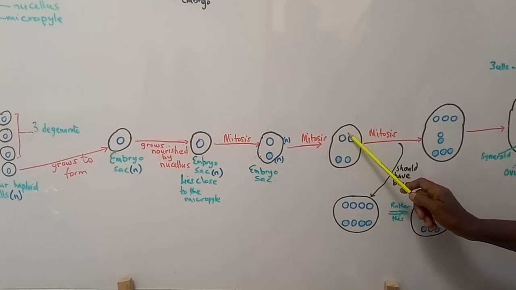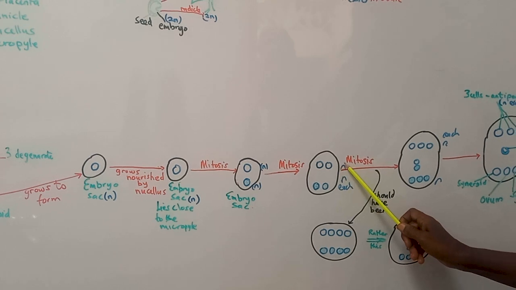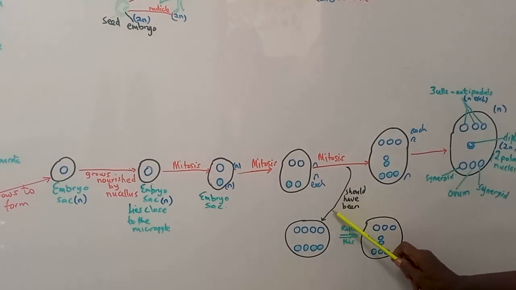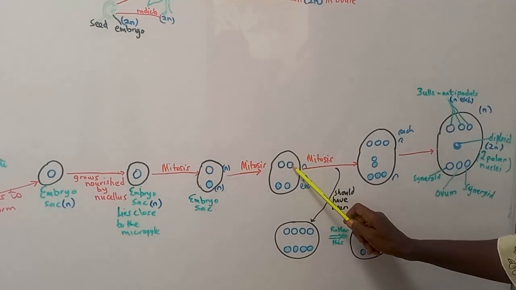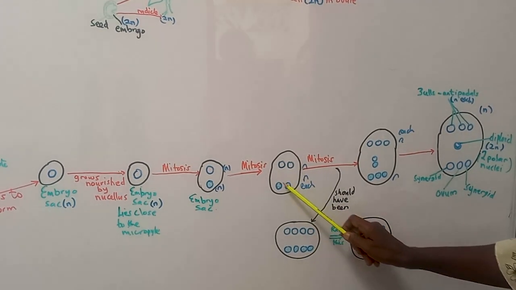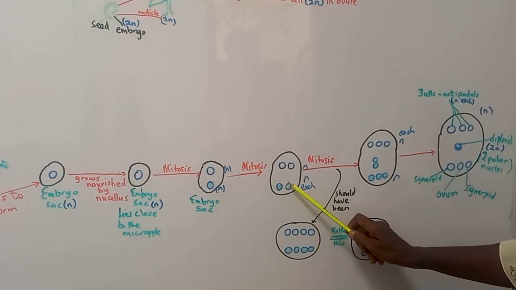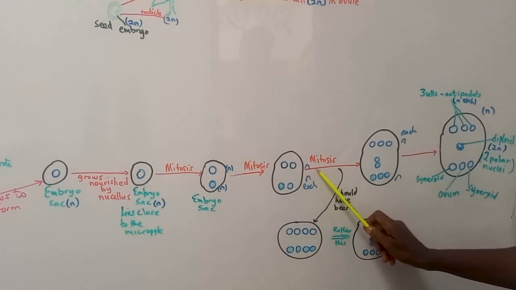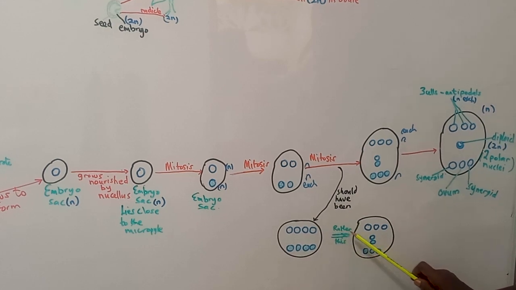Each of them is still N. And then this cell undergoes mitosis again. And you know, when it undergoes mitosis, this one becomes 2 nuclei, this one becomes 2 nuclei, this becomes 2 nuclei, this becomes 2 nuclei. I intentionally shaded it to differentiate. So this is what we should get with this mitosis. But in actual fact, this is the situation.